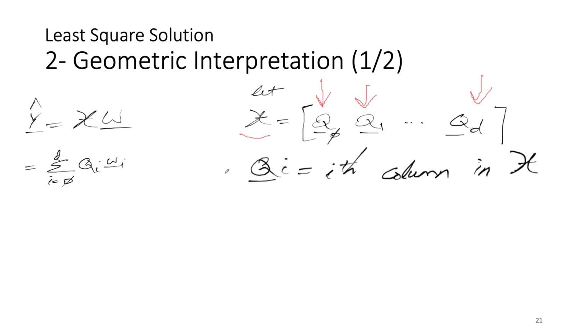Qi is the ith column in X, so QD is the D column, Q1 is the first column. We call this the span matrix or span vectors of your matrix X, because you are able to represent your X with a linear combination using the Qs. Okay?